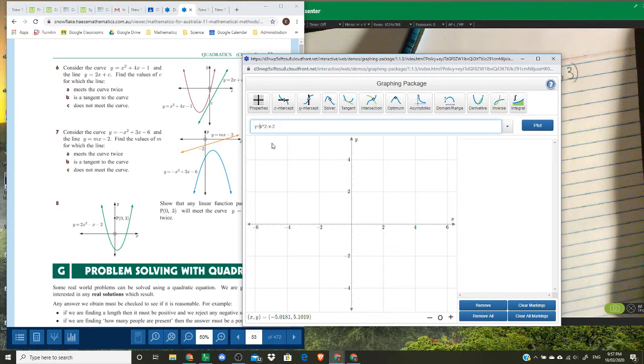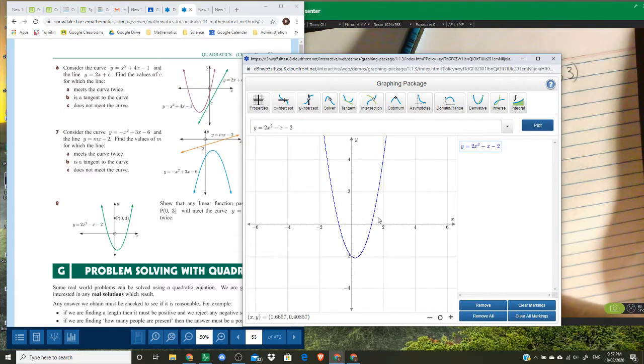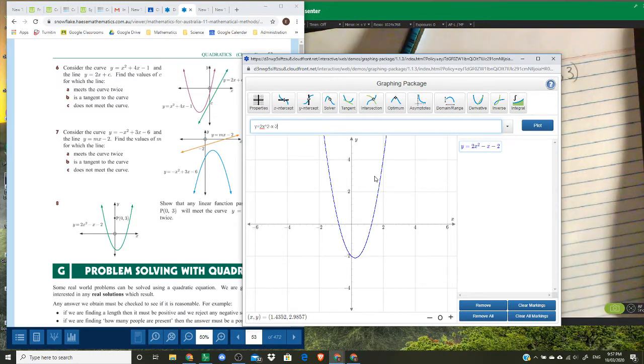Sorry, there's a 2 in front of that. No, it looks about right. Any line that passes through that point should cut it twice. It makes sense to me. I can't make the maths show that though.